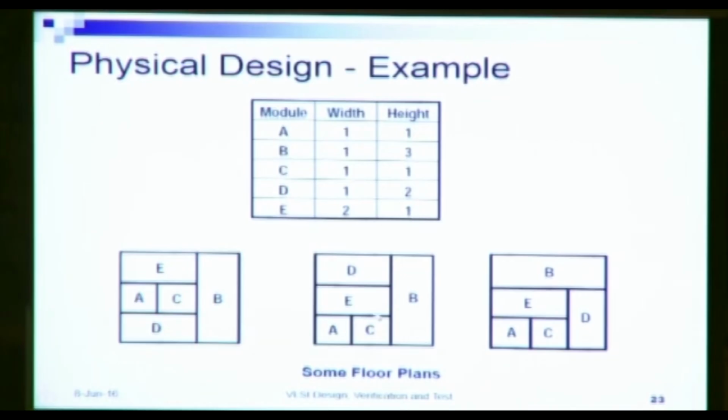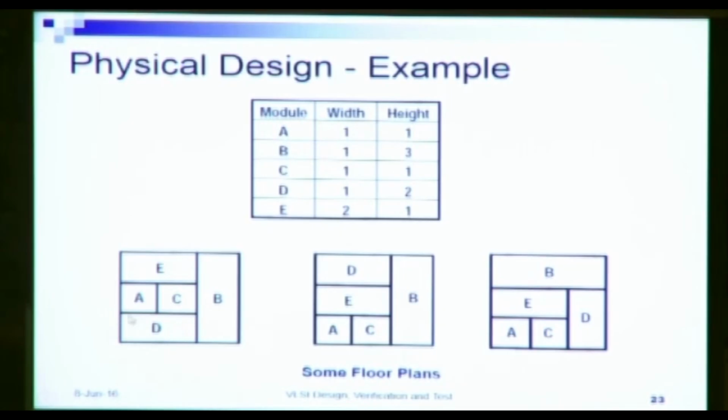And we have three different layout plans for the same set of modules. Here, the first one has a width of 2 and a height of 1. A has a width of 1, height of 1. C has a width of 1, height of 1. D has a height of 2; we have rotated this and obtained it like this.